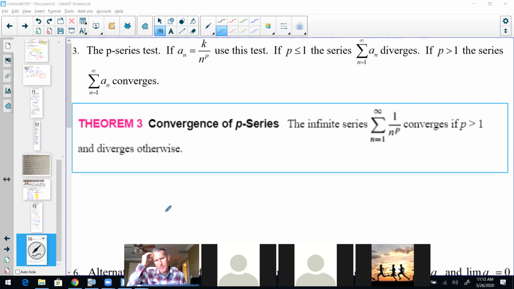What I have up here under 3 is from that series test worksheet that is on my website. But basically what we have is, if we have something like the summation as n goes from, I don't care, 1 to infinity of 3 over n squared or something like that.